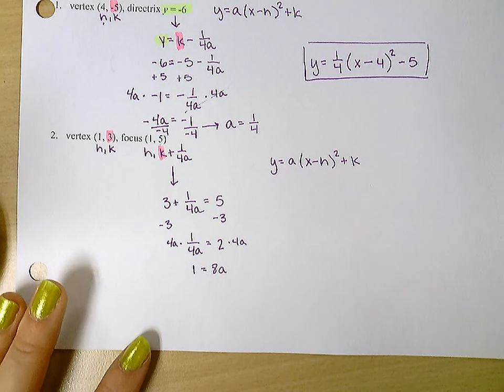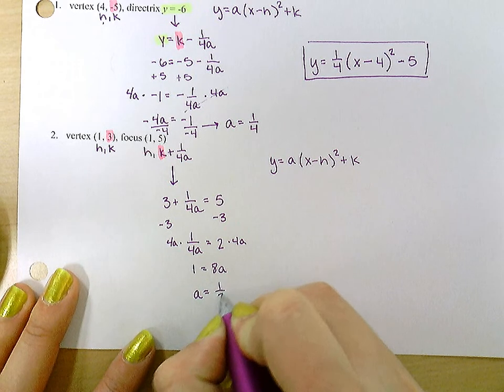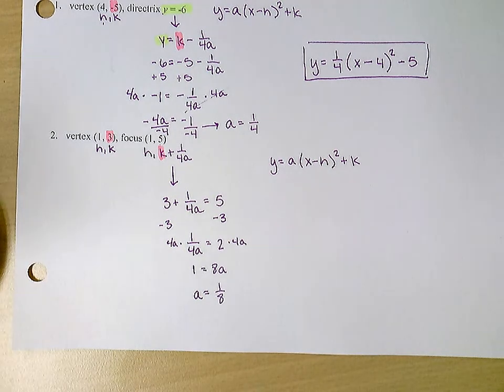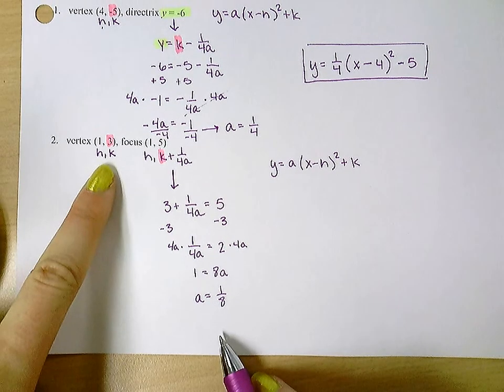Okay, I multiplied 4a on both sides. Then I had to divide by 8. So a is 1/8. Okay, from here now I have a and I have h and k.